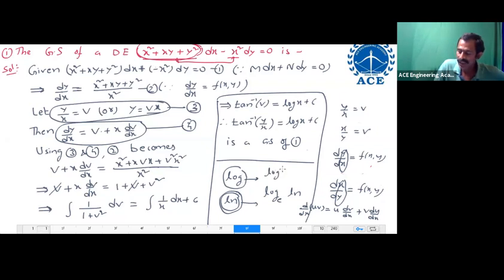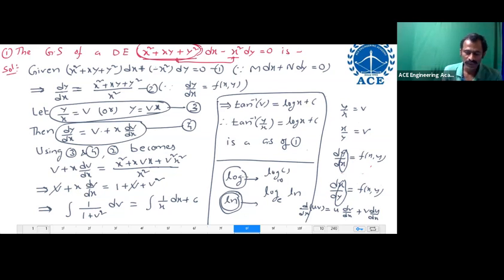Suppose if I write log of something to the base 10, that is a common logarithm. In general, we use the common logarithm log for calculations only. For theoretical work, we use the natural logarithm ln, that is base e only. So this is about the solution of this problem.